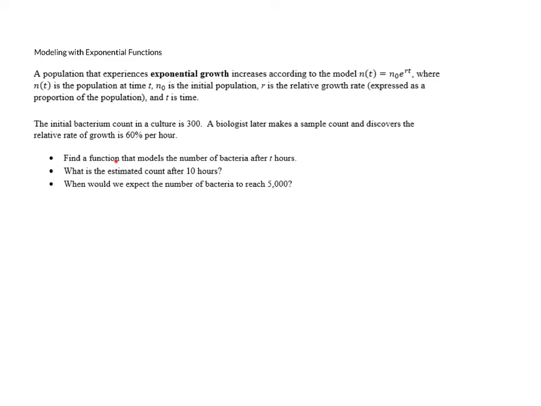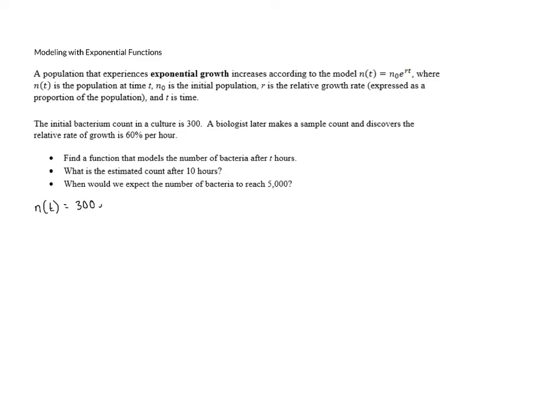We want to find a function that models the number of bacteria after t hours. So in this case, we have N(t) equals, and if we look at the formula, we've got N₀, which is the initial population, and the biologist has seen that that was 300, times e to the rt.